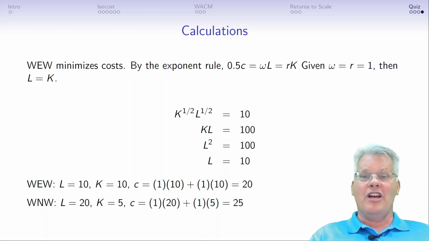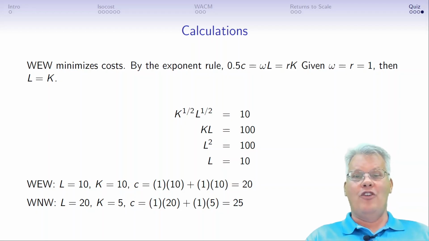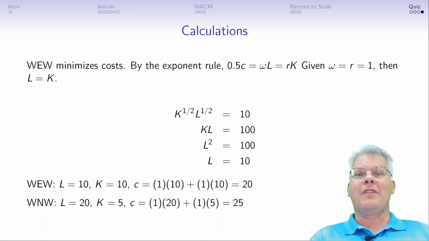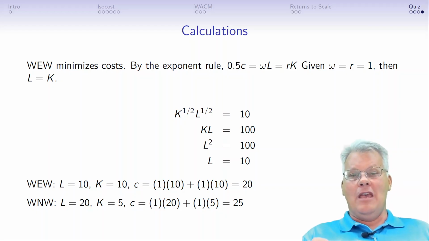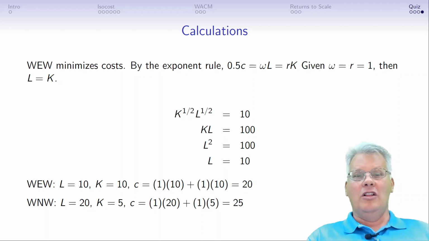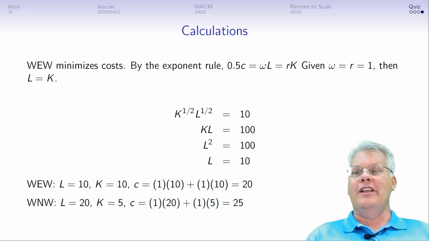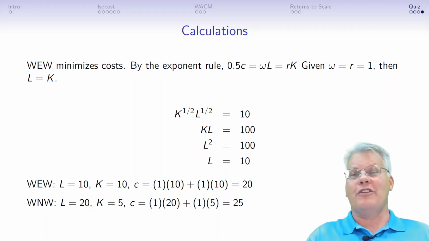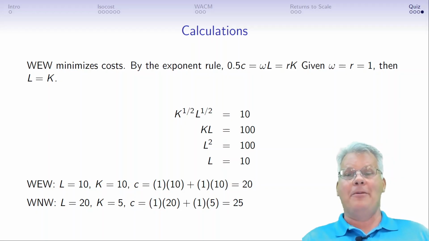Given the production function, what we know is that half of the firm's total costs will be capital, half will be labor. Given the rental cost of capital and the wage rate are both 1, if ωL equals RK, ω and R are equivalent, then L equals K. The efficient firm is going to use the same amount of capital and labor.